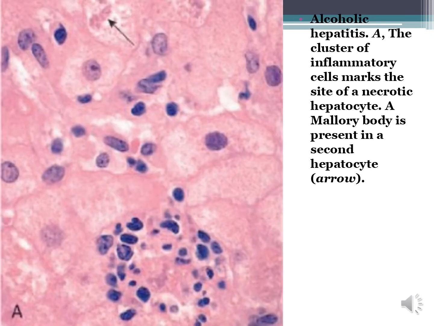Here we see a sample of liver tissue of an alcoholic, and as a result of alcohol abuse, we see a cluster of inflammatory cells, and also we see necrotic hepatocytes, some other necrotic hepatocytes.